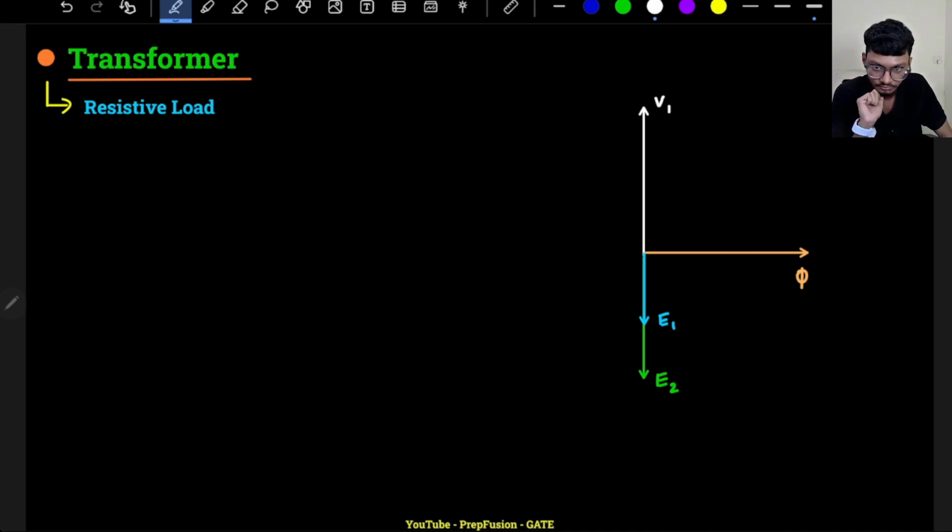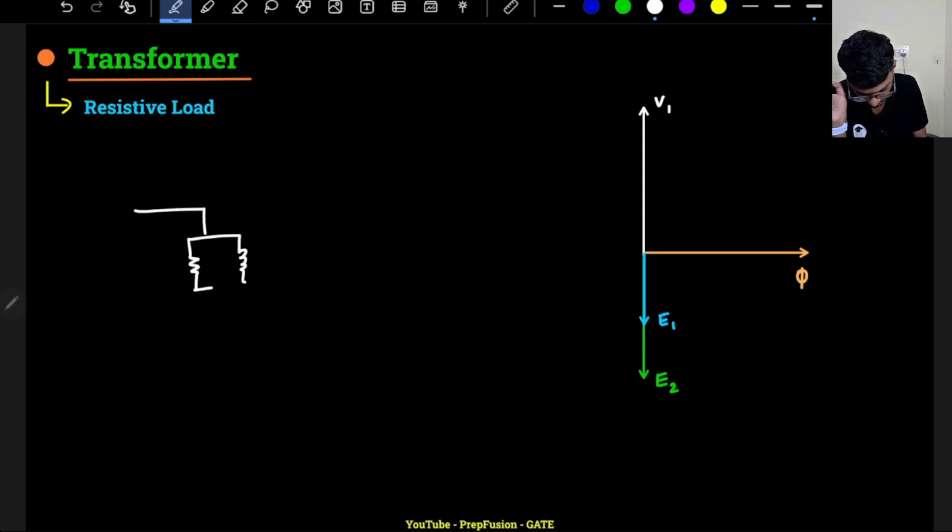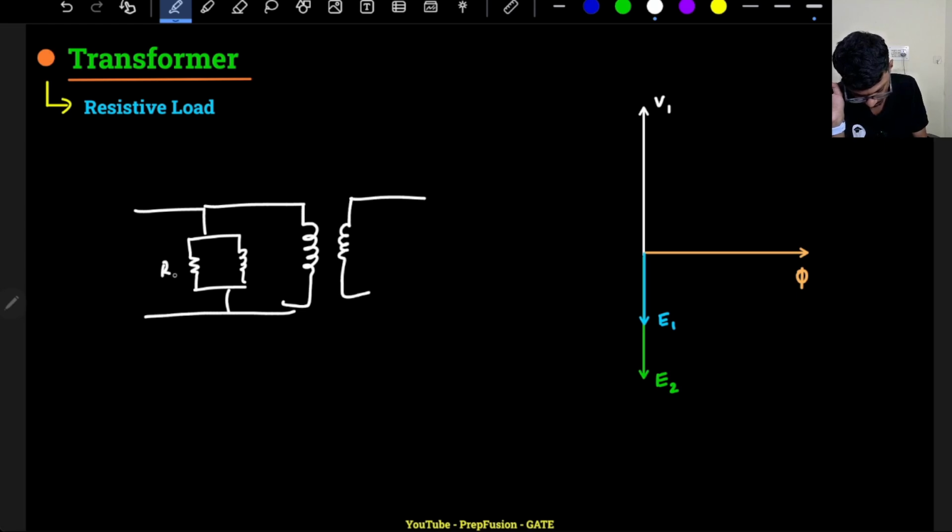This is my transformer, and for a second my assumption is that I am ignoring the leakage reactance and the winding resistance. So I am just drawing the parallel branch. This will be my RM and jXM.